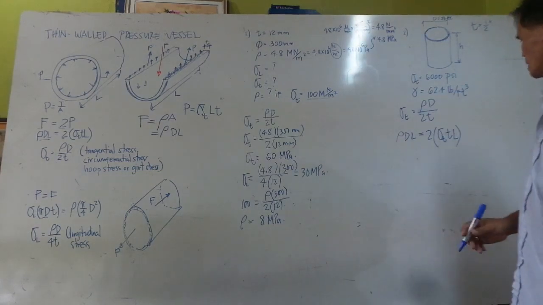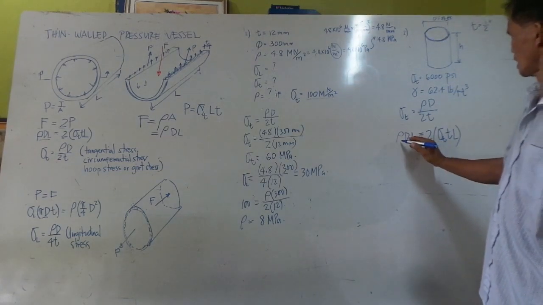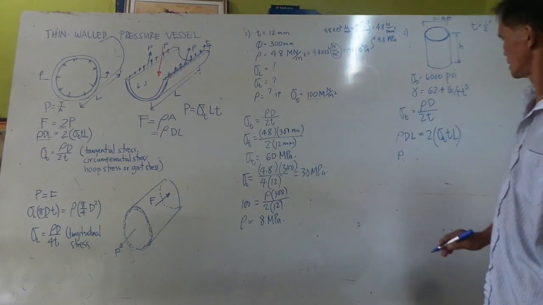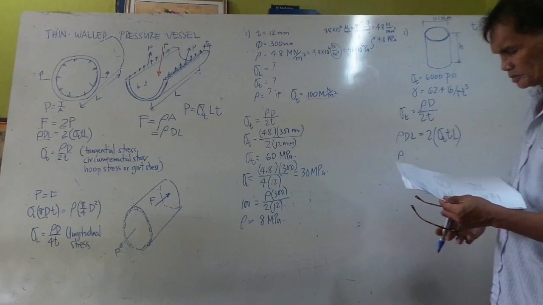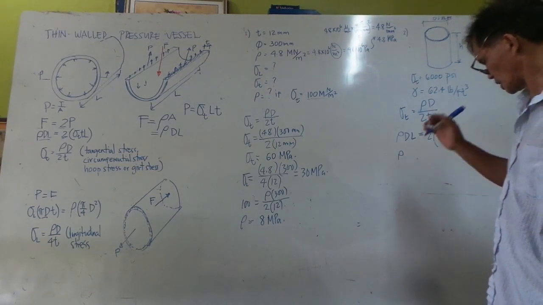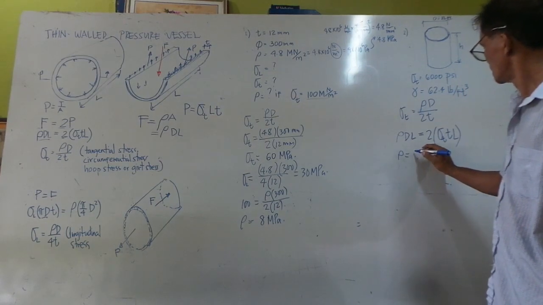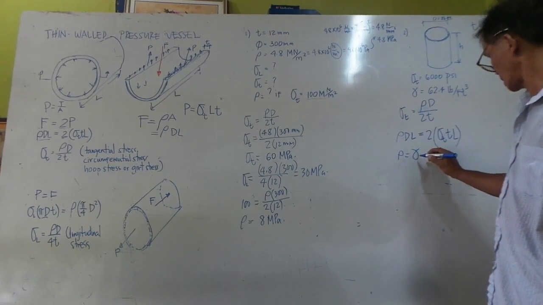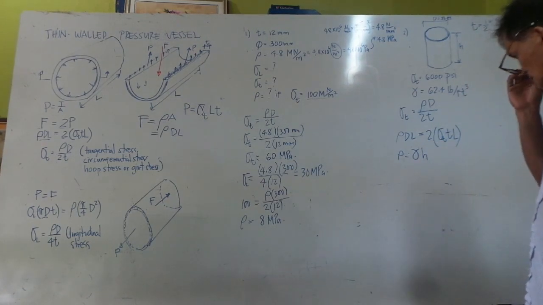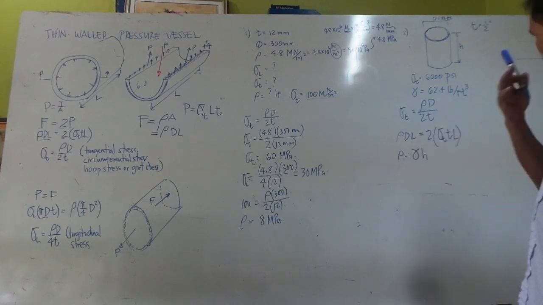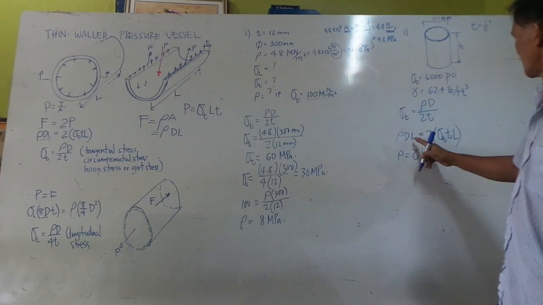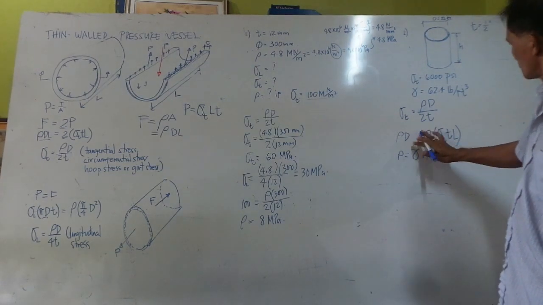From this one, the unit pressure is just equal to the density of water times the height. Here, your L is your height.